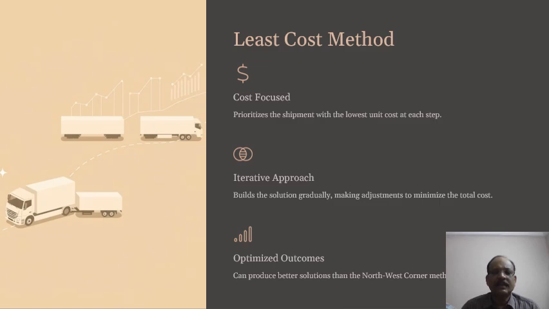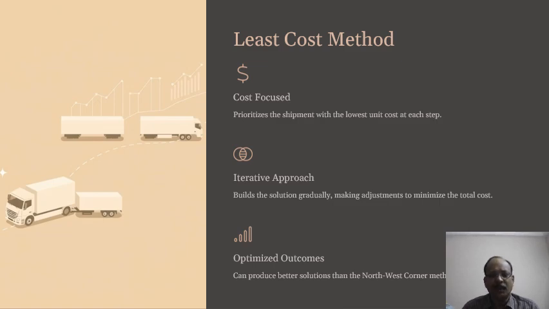And the second one is the least cost method. Here we prioritize only the shipment with the lowest unit cost at each step. That is, at every step we take into consideration the entire matrix, identify the least cost, and allocation starts from that only.